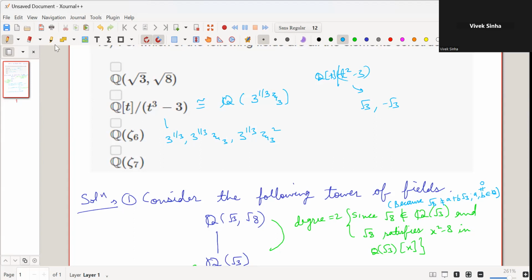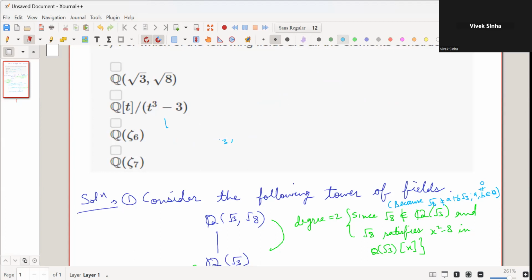The other thing to see here is that this polynomial is definitely irreducible by the Eisenstein criterion. You can take the prime to be 3.